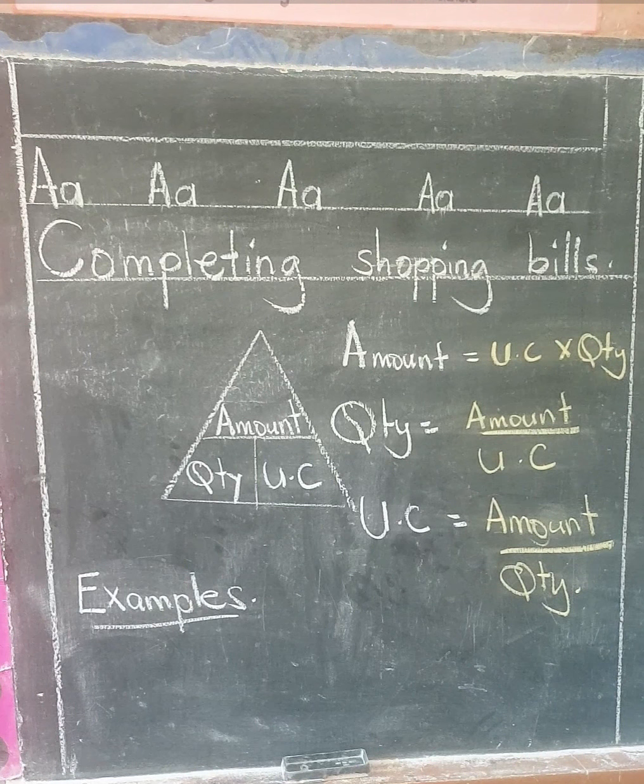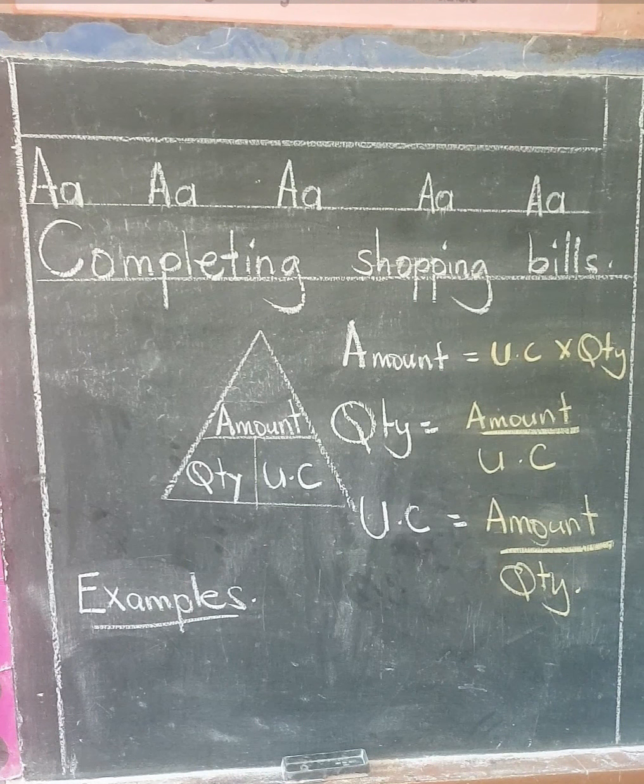When we are finding quantity, we get amount divided by unit cost. Then unit cost is equal to amount divided by quantity.